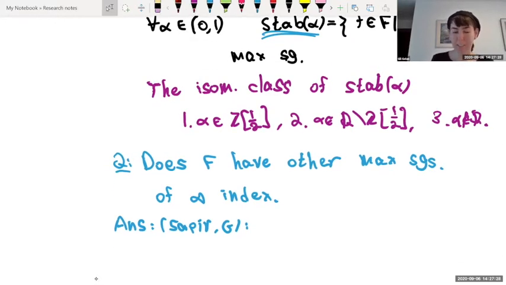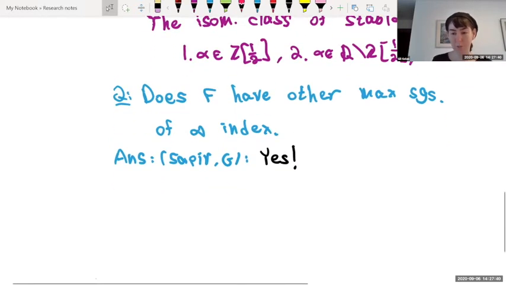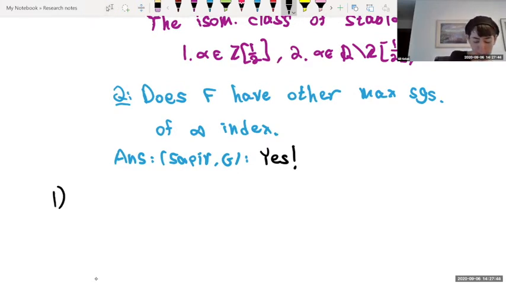However, it turns out that the answer to Savchuk's question is yes. So in fact, F has many other maximal subgroups of infinite index. Back in 2015, we gave 2 different answers to this question. The first solution was an explicit solution.